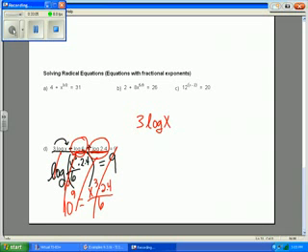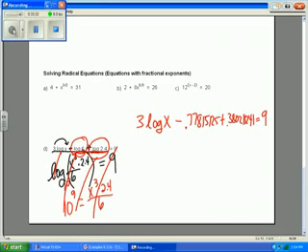I can mess up sometimes. 3 log x minus our log 6, which is 0.778125, plus our log 2.4, which is 0.30211241.